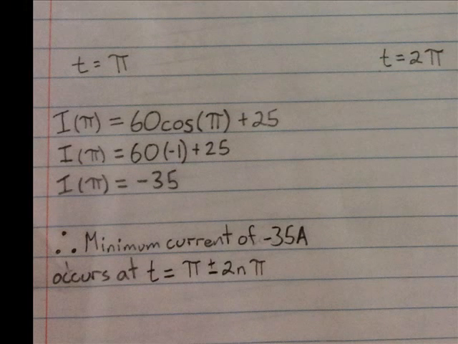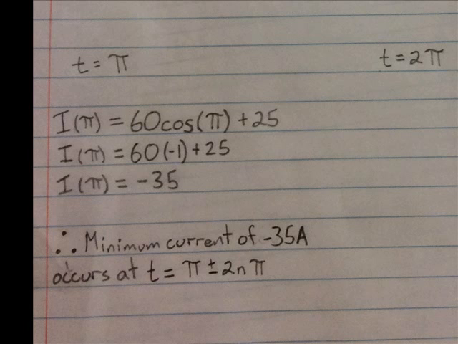For the first time, I have chosen t equals pi. So we plug this into the original function, and we get I of pi equals 60 cos pi plus 25. When referring to a basic cos graph, we can see that cos at pi is equal to negative 1.